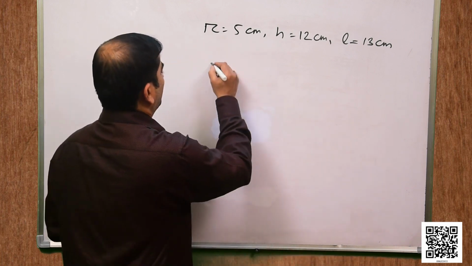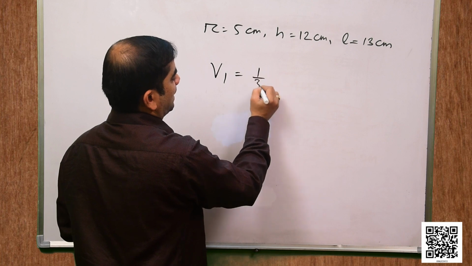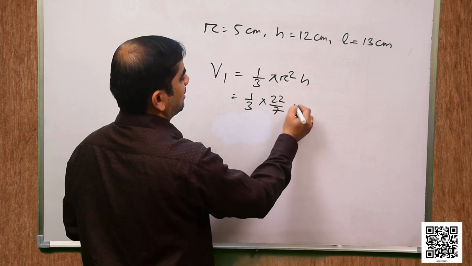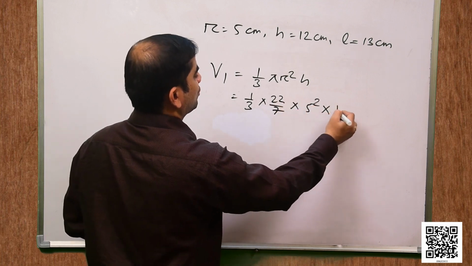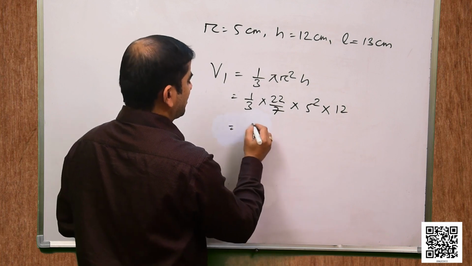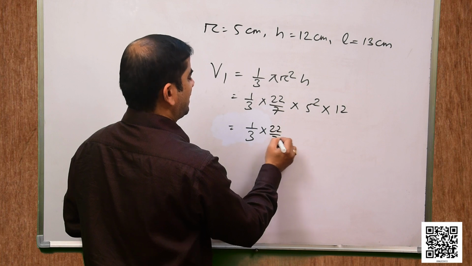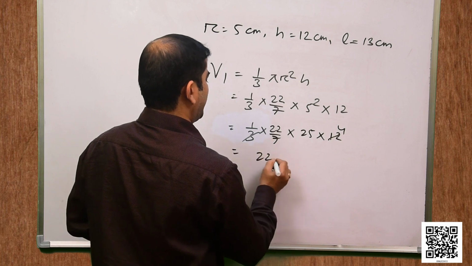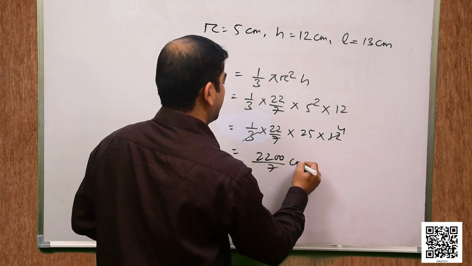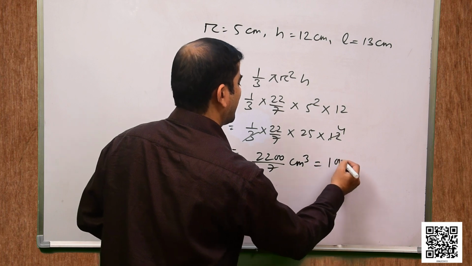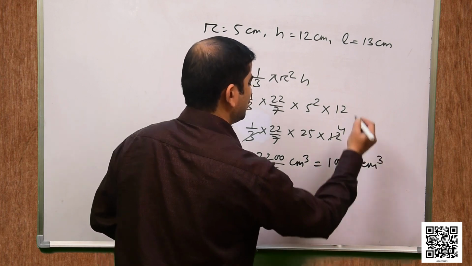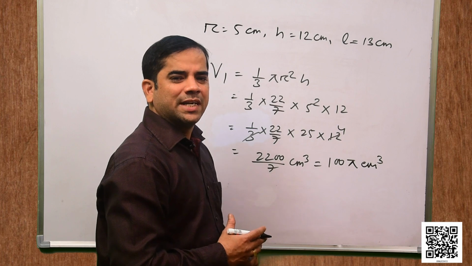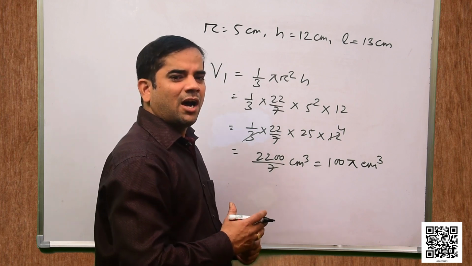So, let us take the volume as V1 is equal to 1 by 3 pi r square h, or 1 by 3 into 22 by 7 into 5 square into 12, and this becomes 1 by 3 into 22 by 7 into 25 into 12. So, 2200 by 7 centimeter cube, or we can write it as 100 pi centimeter cube. So, volume of the first solid is found to be 100 pi centimeter cube.